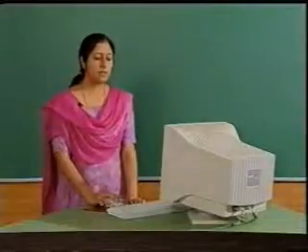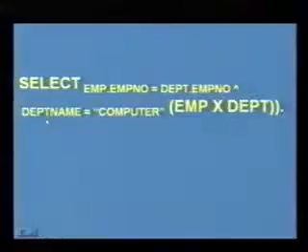This expression will not only ensure that the department name is equal to computer, but will also ensure that the result will be derived only if the EMP.EMP-NO is equal to DEPT.EMP-NO, and this will give us the correct result, that is the employee number 121 whose name is Rashmi.